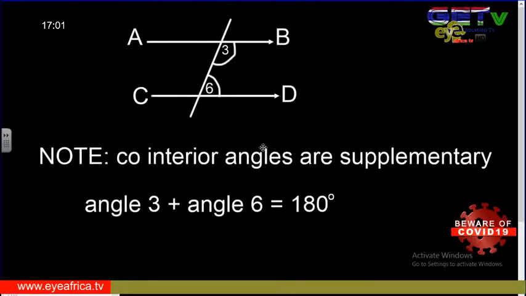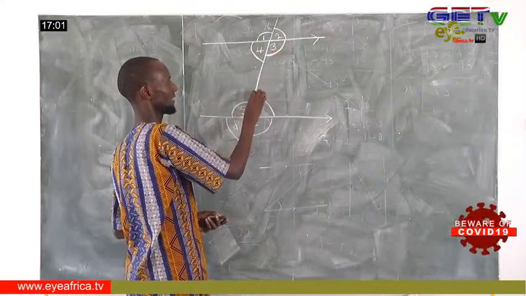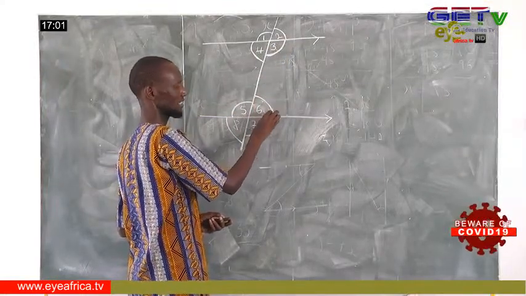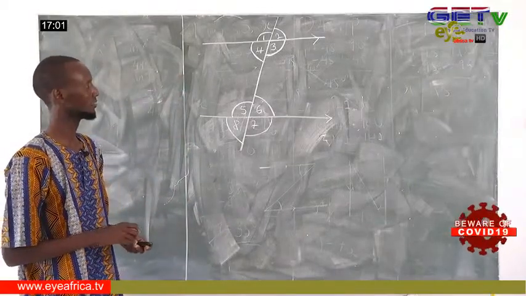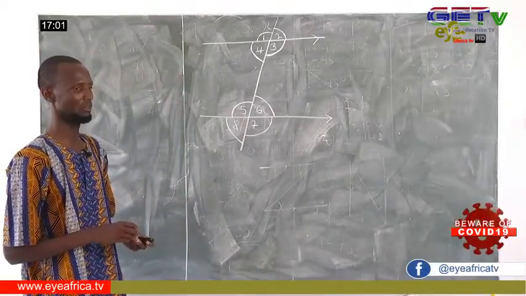Angle 3 and angle 6. If you look at them closely, you can see that angle 3 is inside, angle 6 is also inside, and also they are on the same side of the transversal. So therefore, they are co-interior.